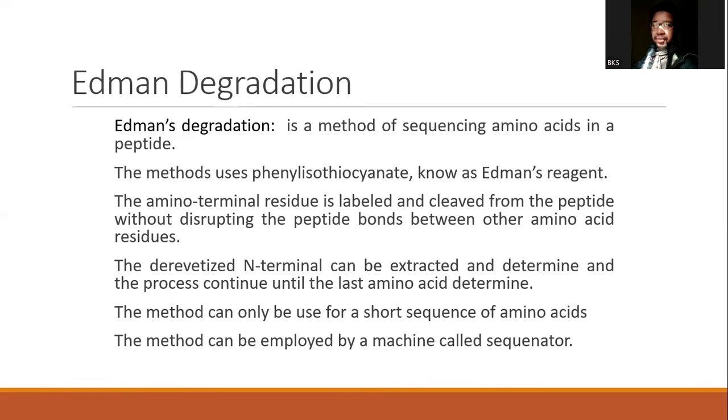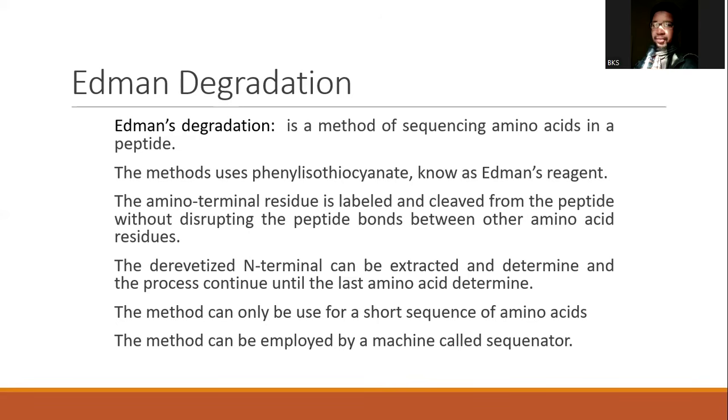When you determine which amino acid that is, you go back and react with phenyl isothiocyanate again, binding to the N-terminal amino acid in an alkaline condition to form the phenylthiocarbamyl adduct. This adduct, in the presence of trifluoroacetic acid, causes the release of the peptide.